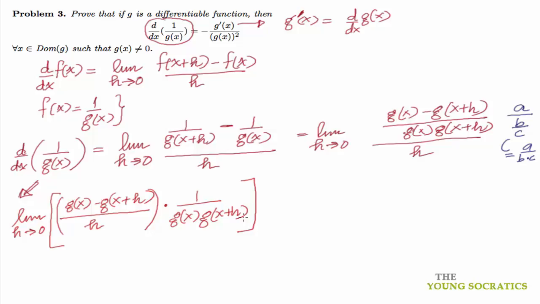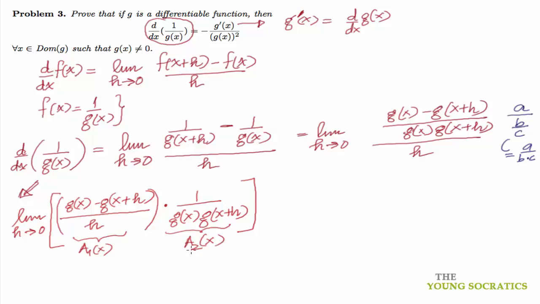Okay, now note that g(x) is constant when I'm considering the limit of h tending to 0. Let me put it this way. Call this function, say, a1 of x, call this function a2 of x.